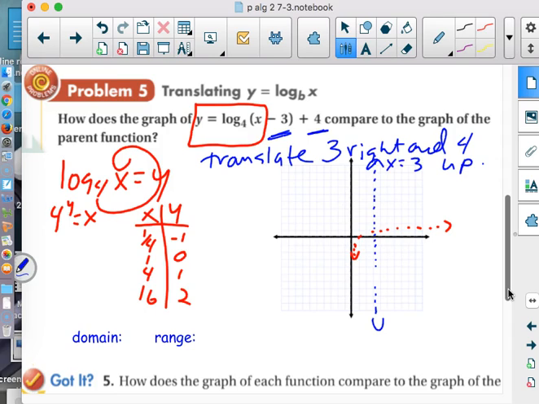Oh, I forgot to do it. I just did the same thing. Upper lines. And then we just count.